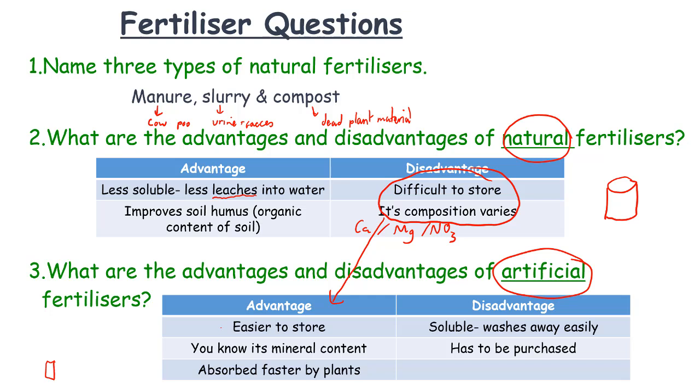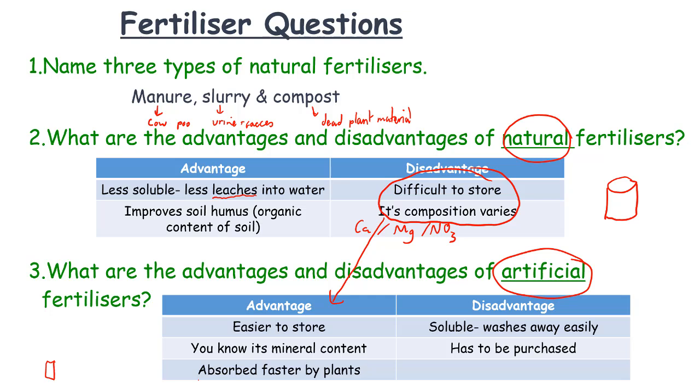So they're easier to store, they don't take up as much space. You know its mineral content, and because you know its mineral content, you buy specific fertilizer for specific crops. So if you're growing carrots, you buy specific fertilizer which is going to help the carrots grow. It's also absorbed faster by plants because it's more soluble.